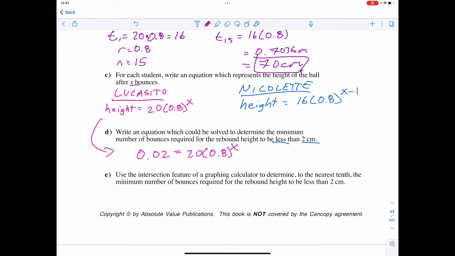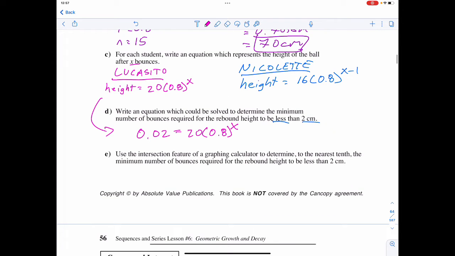And then I can use the intercept function in my calculator to figure out how many bounces this would actually take.